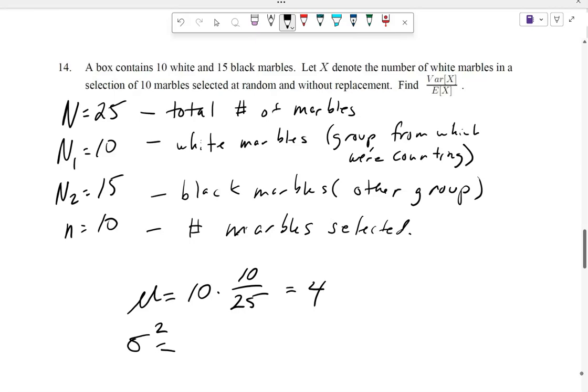Your variance is what? 10 times 10 over 25 times 15 over 25 times... Good. Remember, it's little n times N1 over capital N times N2 over capital N times capital N minus little n over capital N minus 1.